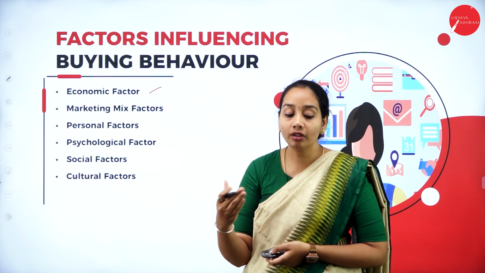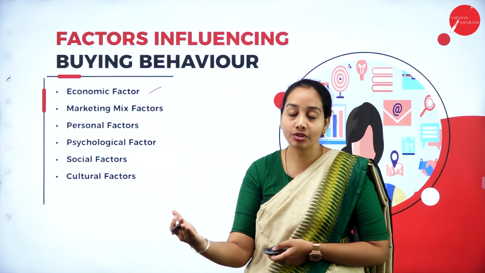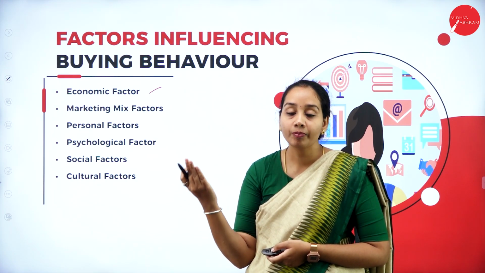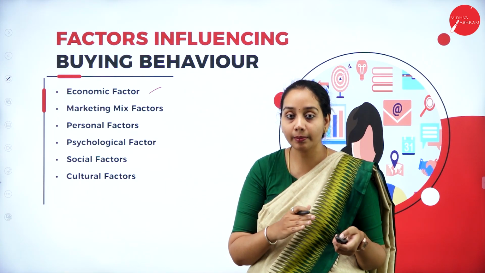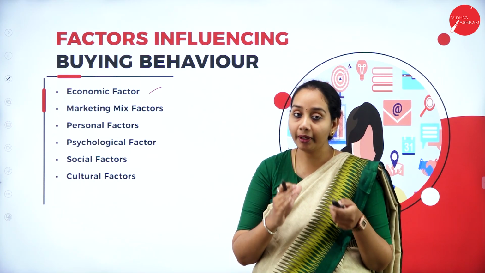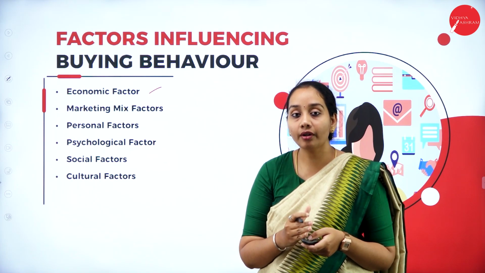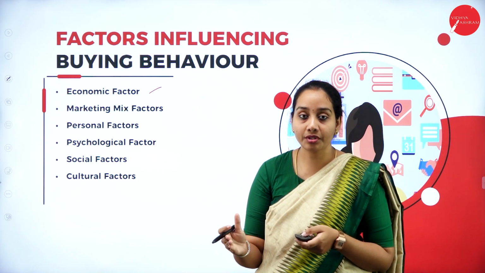That means you are starting your student journey, so you might not have enough purchasing power. But your parents will have the purchasing power. So depending upon their capability and their incomes, they are going to select the bike or the moped.